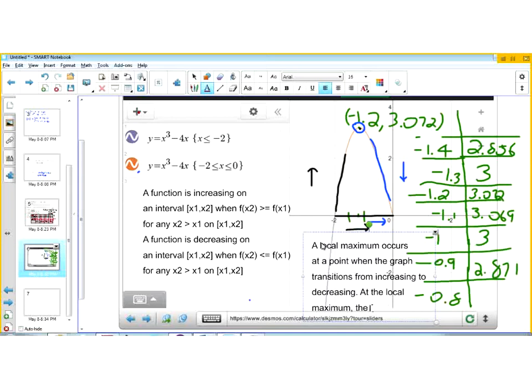At the local maximum, the function is neither increasing nor decreasing. Okay, so at this local max, we have the property that we're transitioning from increasing. We increase up to the local max, and then we decrease away from the local max.